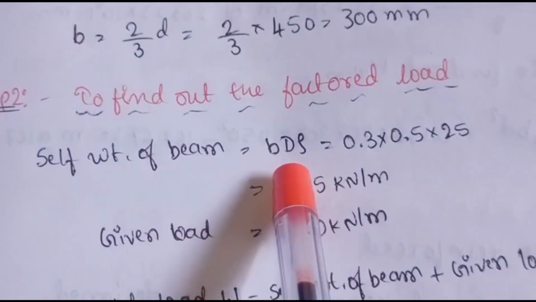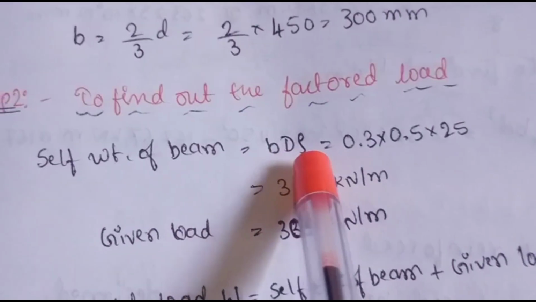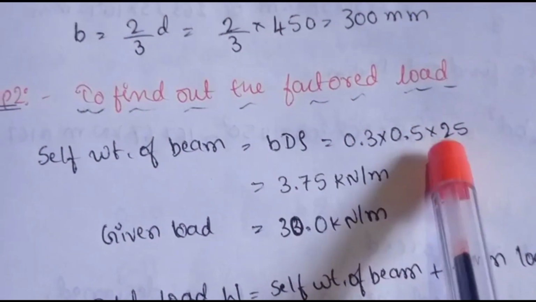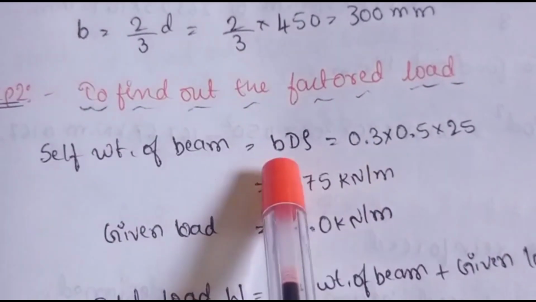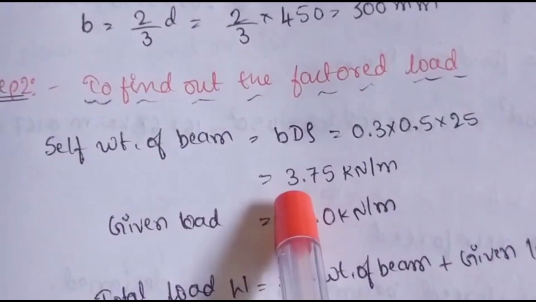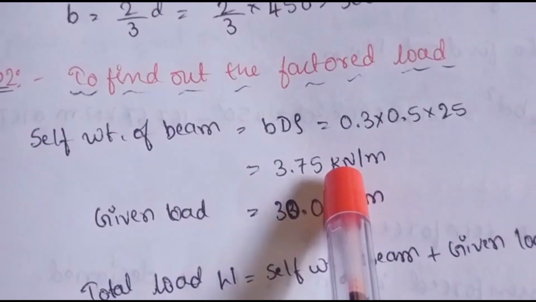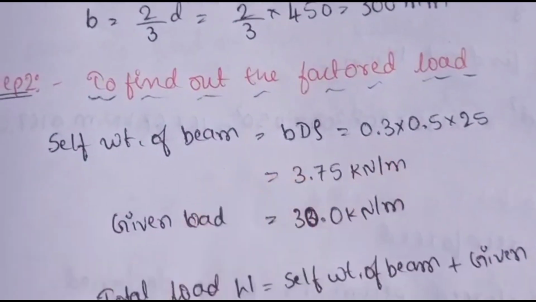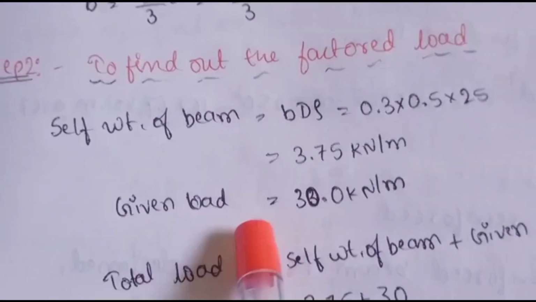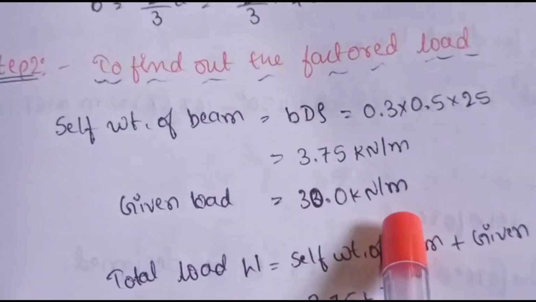For that we have the formula B into D into rho. Rho is nothing but density of RCC, that is 25 kilonewton per meter cube. Substitute all the values. Simplify this. We'll get 3.75 kilonewton per meter.